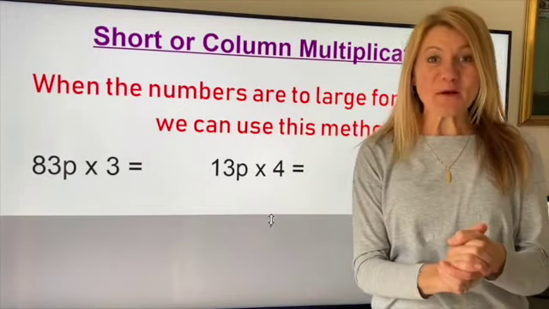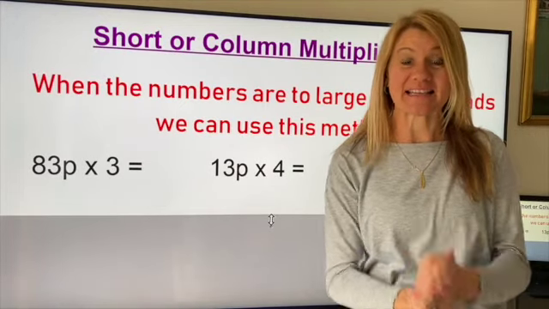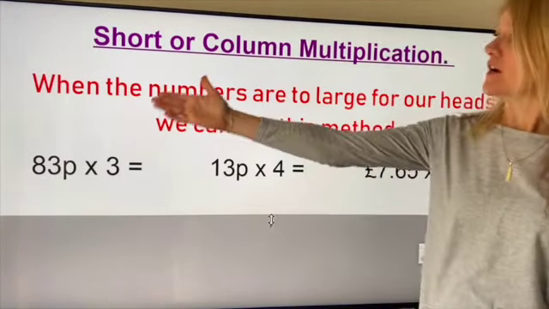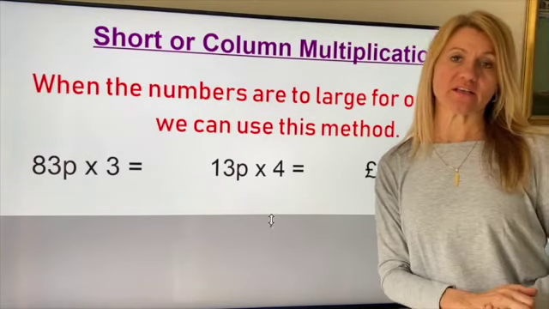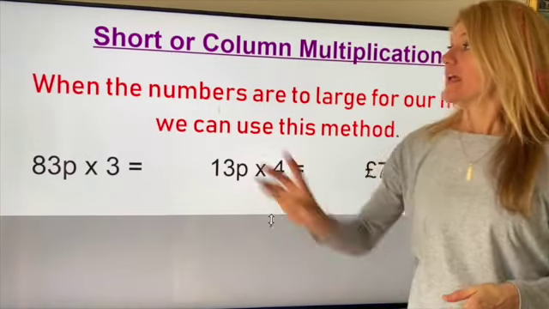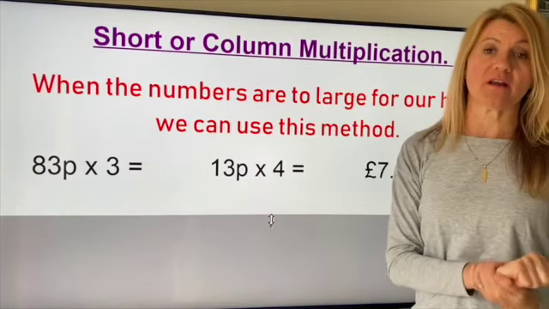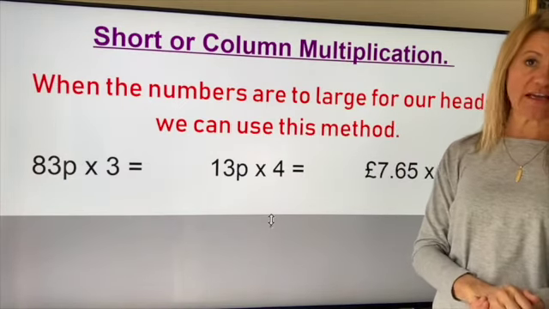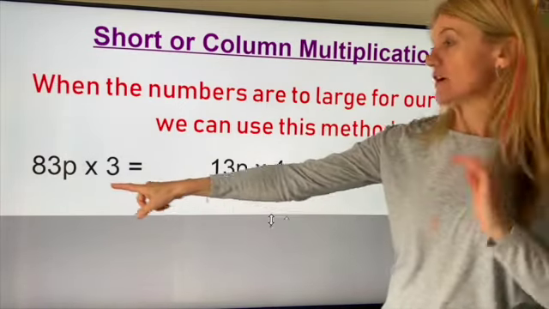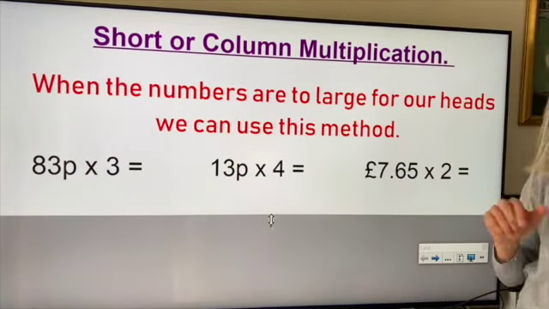Great! Thank you so much for agreeing to help. That is fantastic. Right, so the strategy that we are going to use first of all is short, or as you probably know it, column multiplication. So let's have a look at these number sentences here.